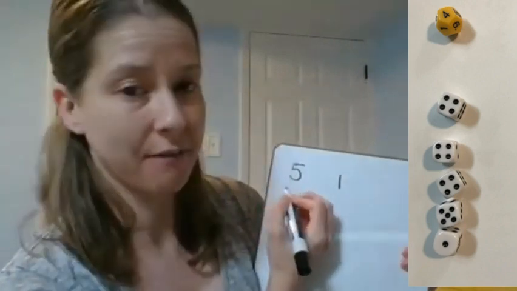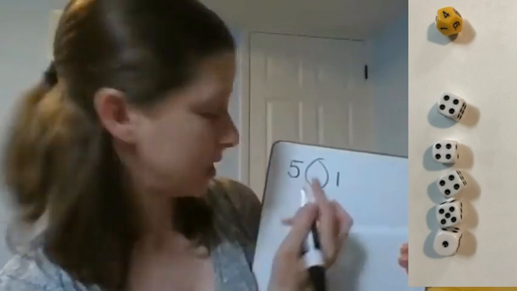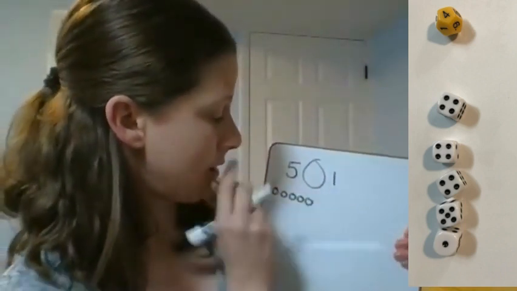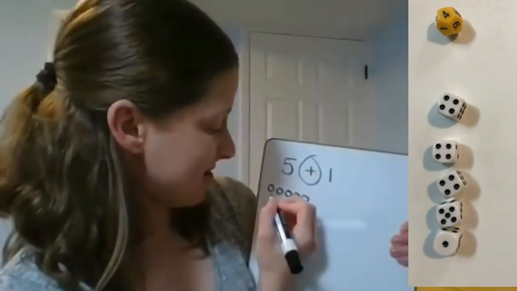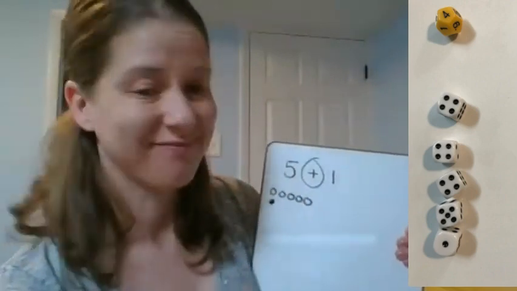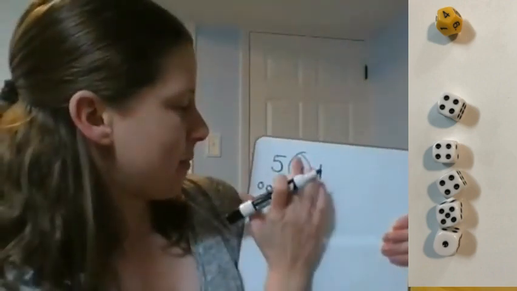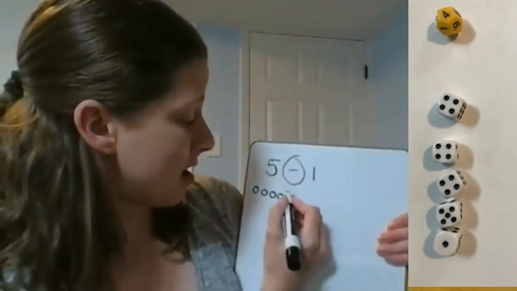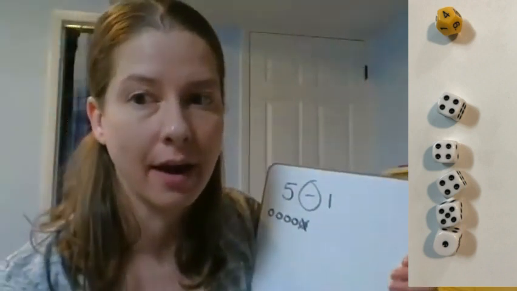I'm going to start with that 5 because I'm not sure if I should add or subtract here. 1, 2, 3, 4, 5. If I added 1, that'd be 6. That's not my target number. But if I subtract 1, that's 4 again.